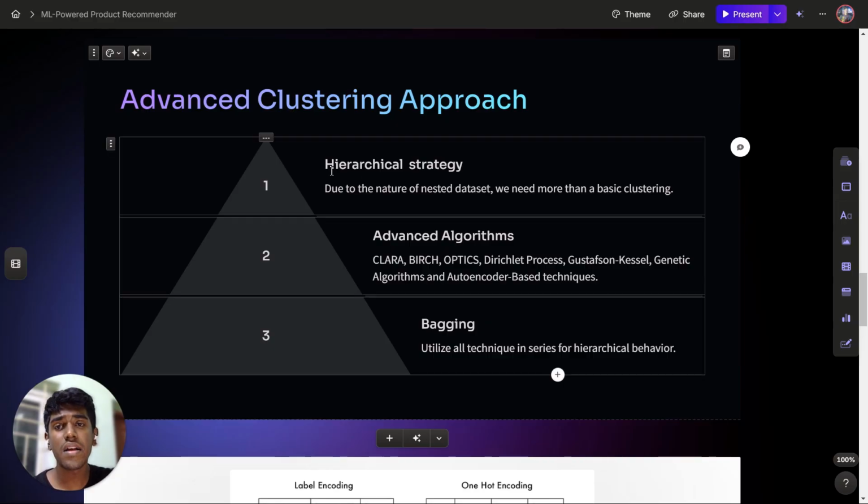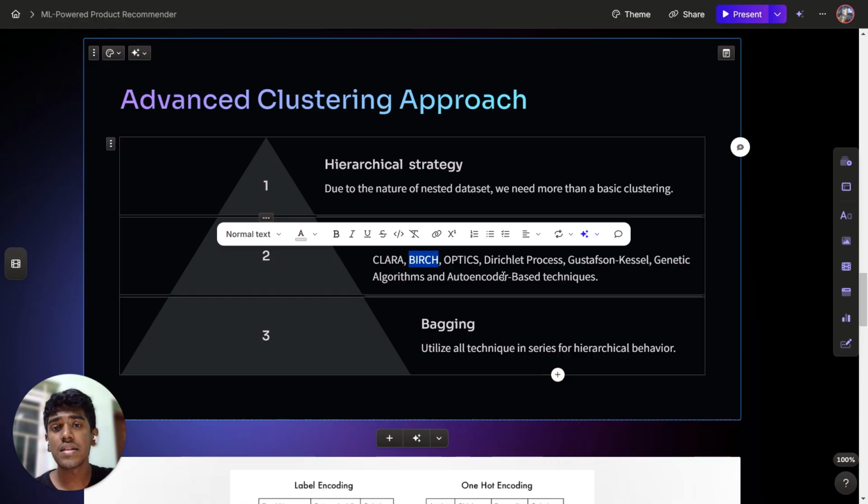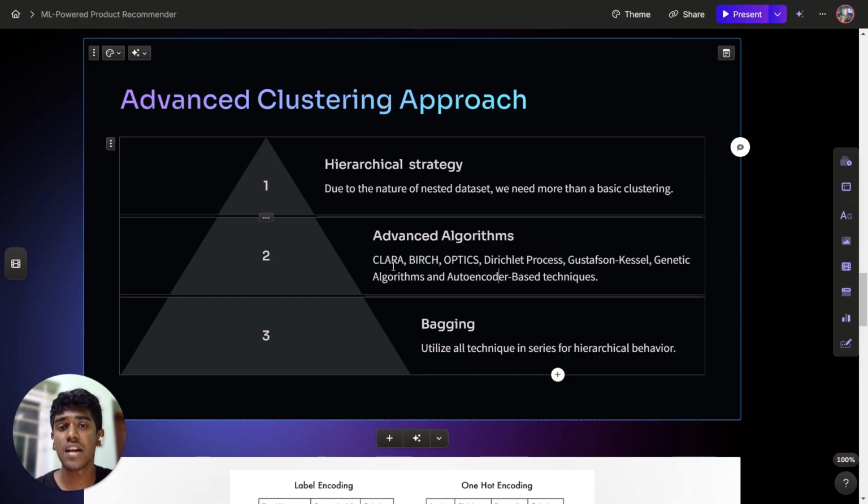Keeping in mind that it's a hierarchical data set, I'm more inclined to use something like BIRCH. But we have some advanced algorithms like CLARA, OPTICS, as well as some genetic algorithms, and some deep learning algorithms. We can utilize these in a series to obtain a hierarchical behavior, and this is what is known as bagging in ML terms.